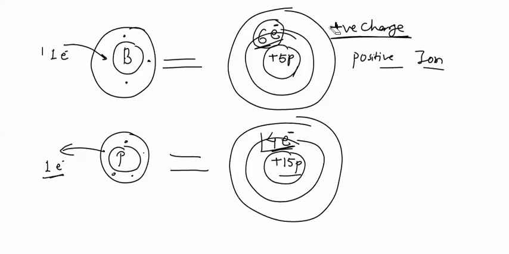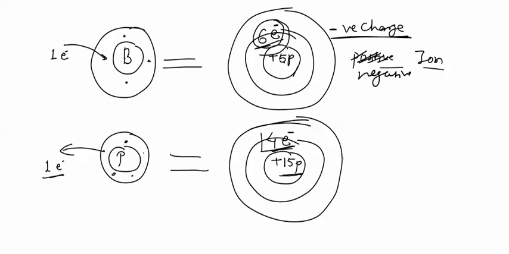Sorry, I have made a mistake. In case of boron, there are 6 negative charges and 5 positive charges. There will be one net negative charge, and it will be called a negative ion. In case of phosphorus, there are 15 protons and 14 electrons surrounding.